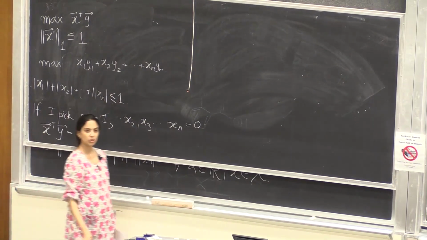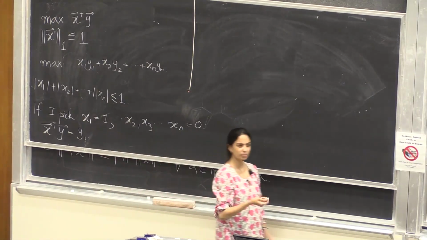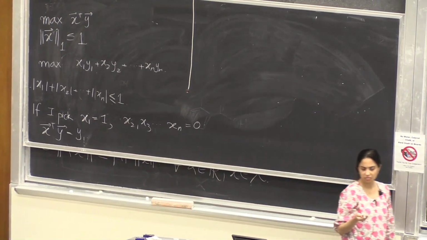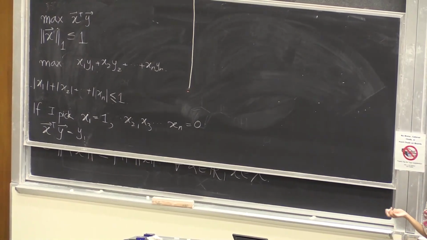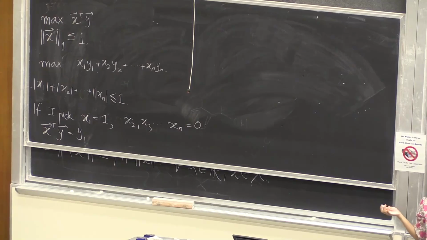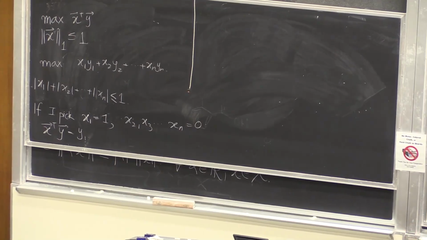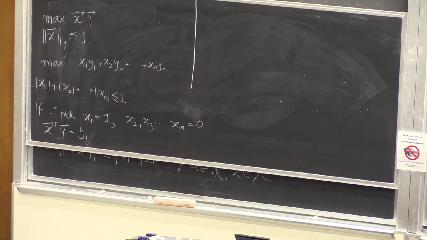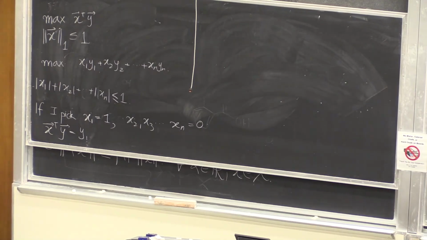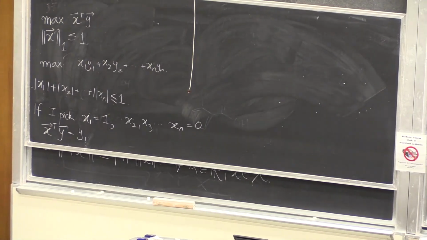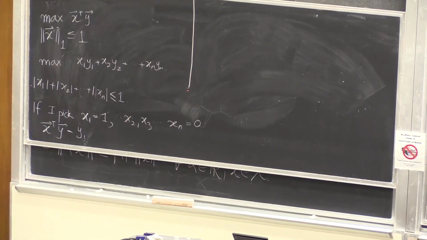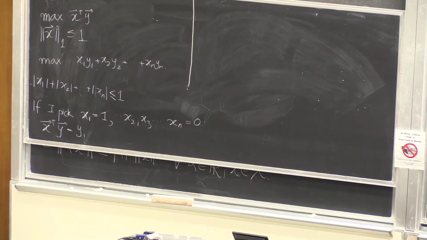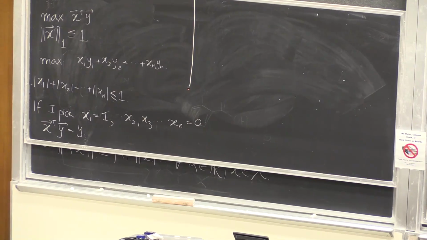Okay? So is that a good thing or a bad thing? It's a thing. I don't know if it's good or bad. But if y1 was minus 10, is it a good thing or a bad thing? Well, it depends on what the other y's are. But if I had y1 equal to minus 10 and y2 equal to plus 10, is it a good thing or a bad thing? It's a bad thing.